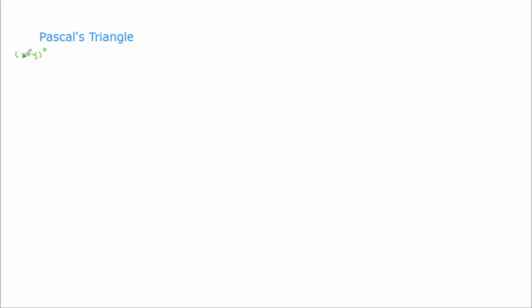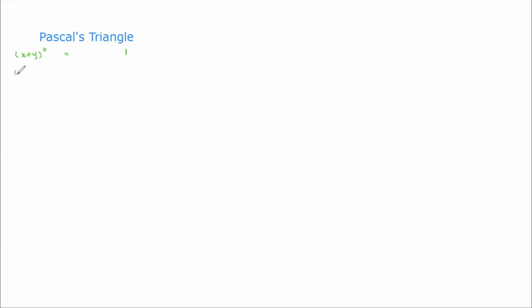Because it's a binomial, we have two terms, and the index equals power 0. So this one is going to be equal to 1. I will write it down here because I want to write a triangle.